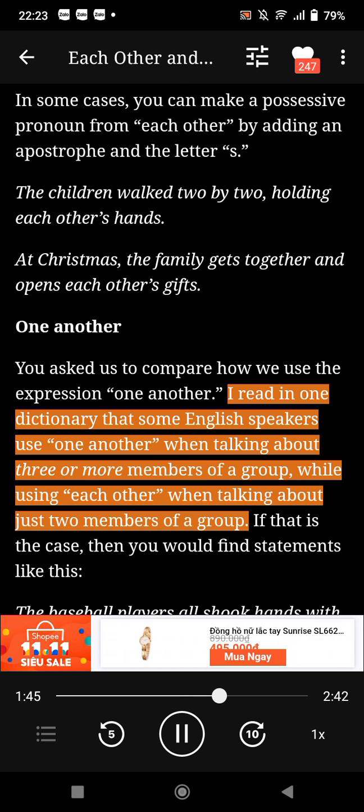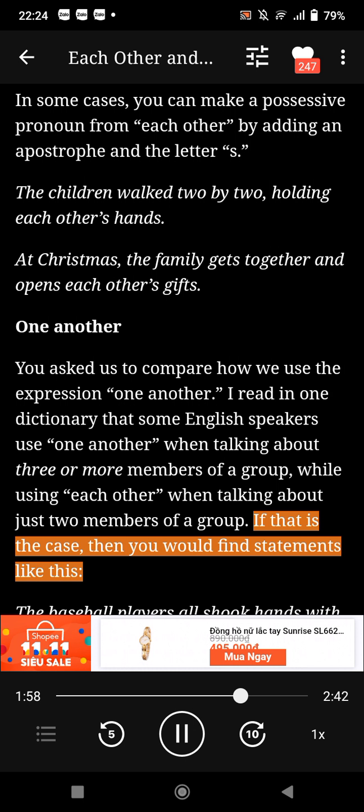I read in one dictionary that some English speakers use one another when talking about three or more members of a group, while using each other when talking about just two members of a group.